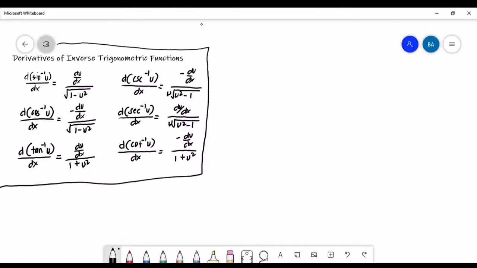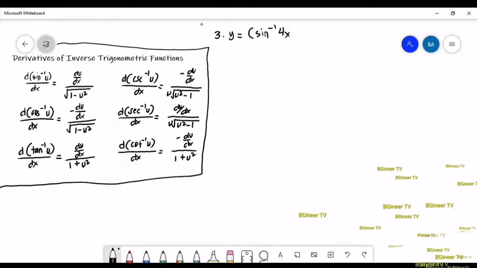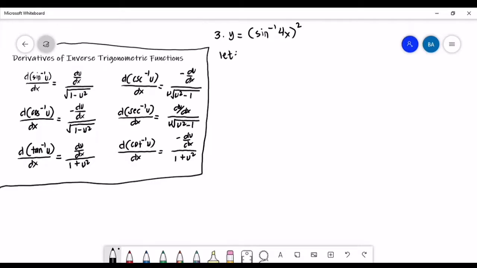Our example number 3, we have y is equal to the arc sine of 4x raised to 2. Based on inspection, we can apply the power rule because we are involving a power here, which is equal to 2. So let's use a substitution method.